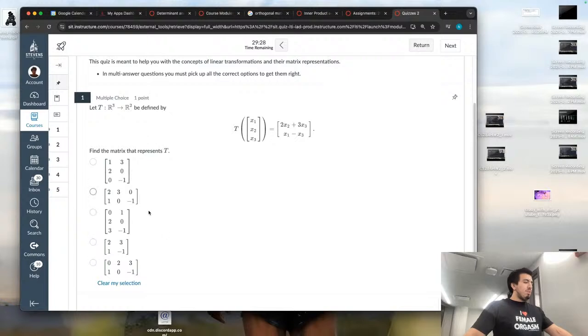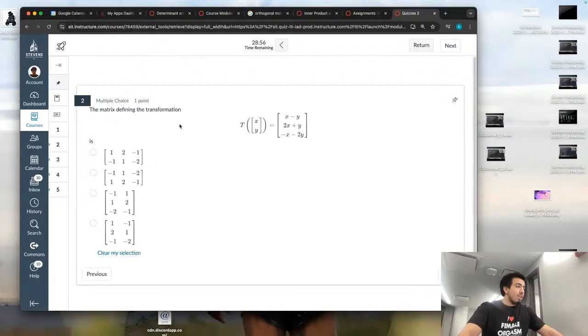So either of these. And we could just think about the matrix multiplication. With this one, you get x1 plus 3x2. That is not the case here. It's the case here. So for this one, you can see that you get x1, which is this, minus this one.